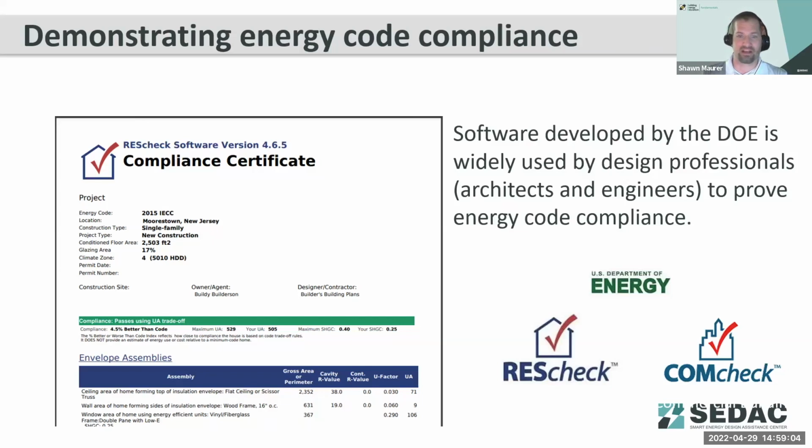And then displayed here on screen is specific software developed by the DOE, ResCheck and ComCheck, that's used for prescriptive code compliance using an insulation trade-off methodology where you can trade slightly less insulation in one area by increasing insulation in another area of your building to meet minimum code compliance.